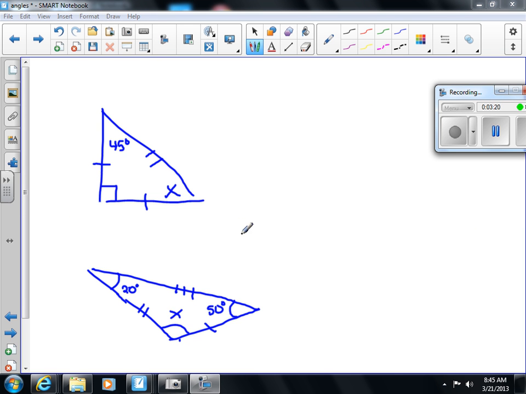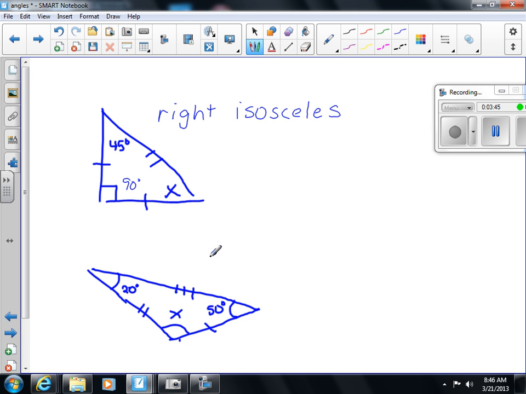All right, so let's take a look at an example. We want to find what the measure of x is. Well, what do you know about this triangle and the degree measures of all the angles? Okay, it's a right triangle, so this is 90 degrees. Let's name it first. It's called a right isosceles. And then let's find the missing measure.